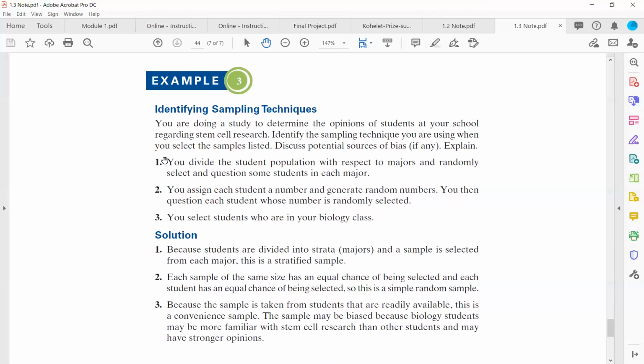Very well. As you guessed, the first one is an example of a stratified sample. You decide to divide students into majors. Then you randomly select from those majors and ask questions.